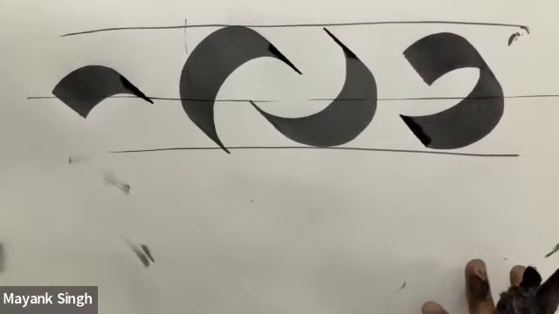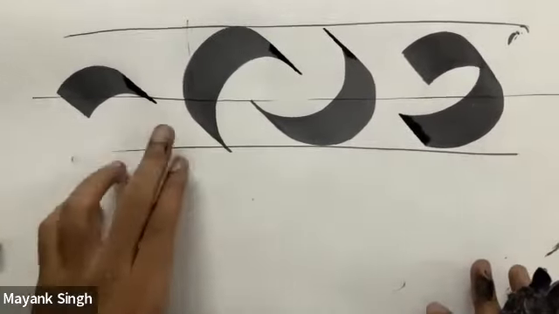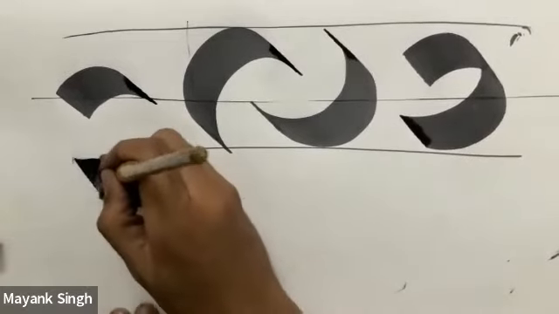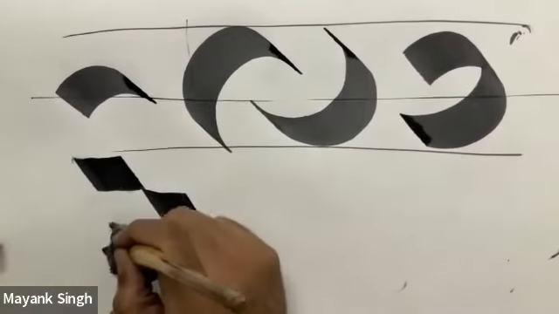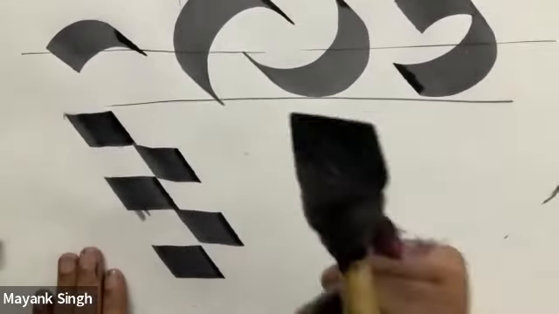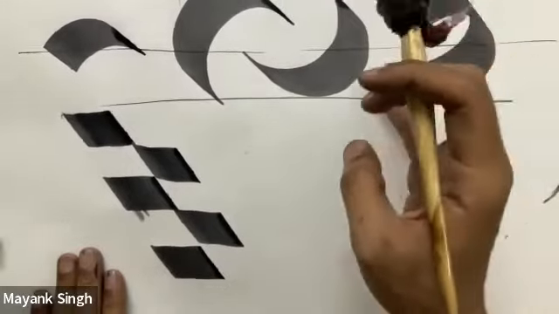So you need to use these lines. You use a ruler or a scale, make these lines, and don't worry about making the 5 nukta measurement every time. For the time you are practicing, you can let it go. But once you learn how to make it within the limit, then you start with this.